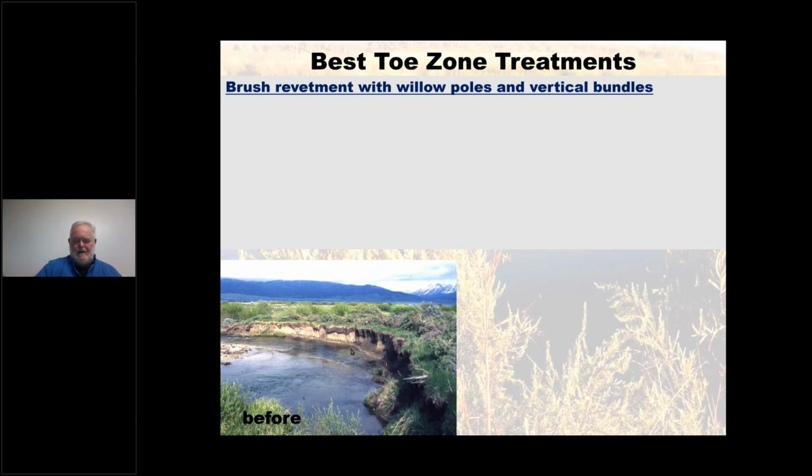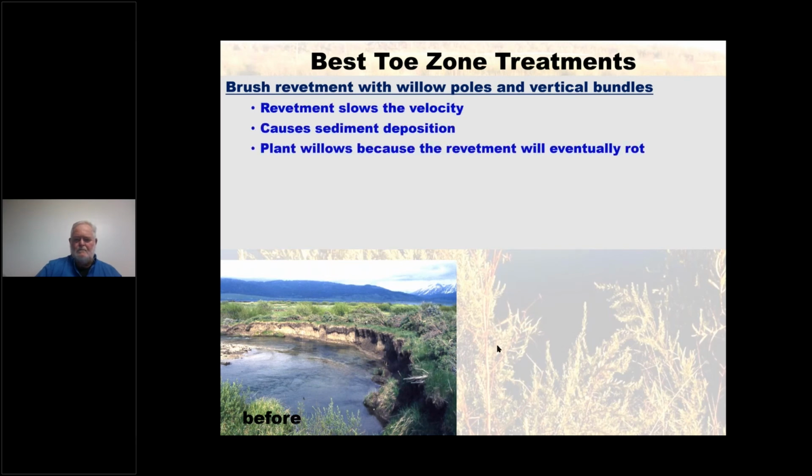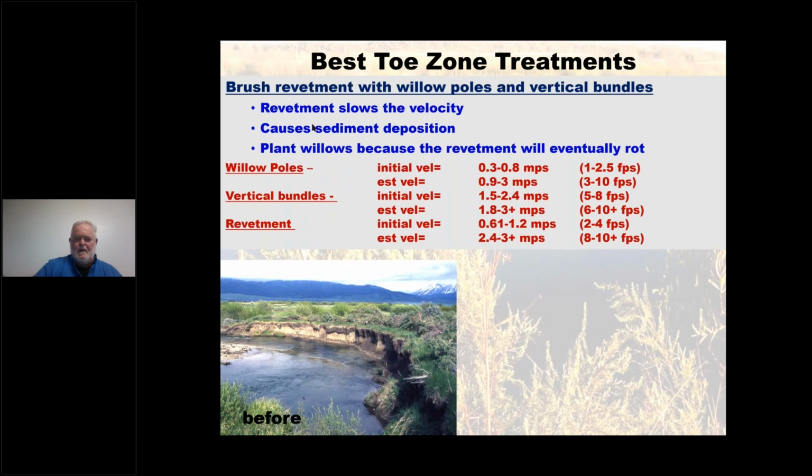An example down here, this is what it looked like before. You want to use the revetment because it slows your velocity down and allows sedimentation to occur. And then you're going to plant your willows because the revetment will eventually rot out. It's dead material. So we want to get live material in there.